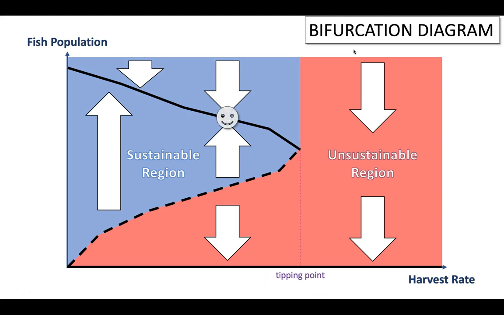So imagine if you started at this smiley face here, which is a particular harvest rate, whatever this harvest rate is, and a particular fish population, say 80% or whatever this is, 66% of the carrying capacity. And someone decides to then increase the harvest rate.